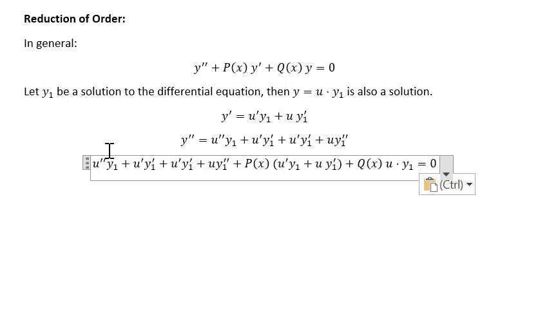So what we're going to do is gather all the like terms, according to u. So u double prime only has one term. U prime has a few terms, and then there's u that has 3 terms.